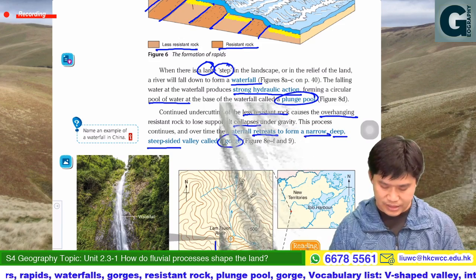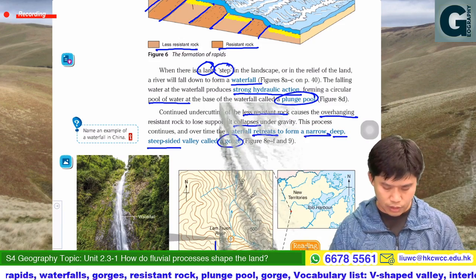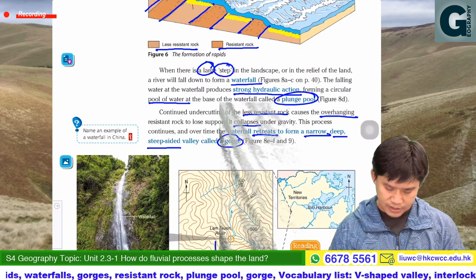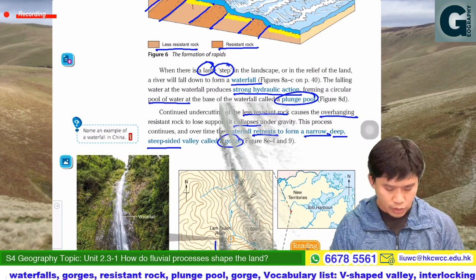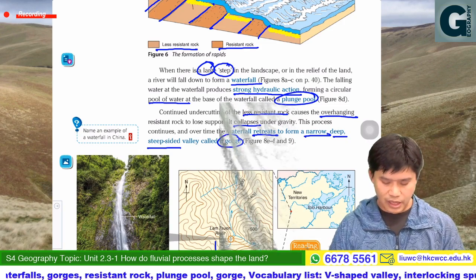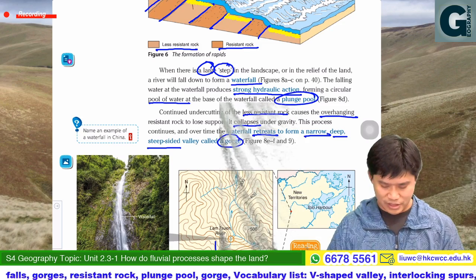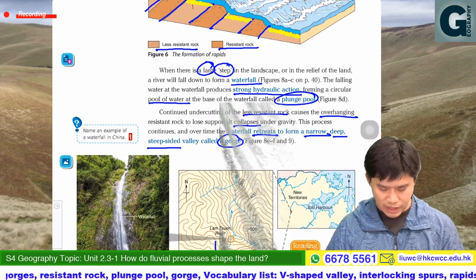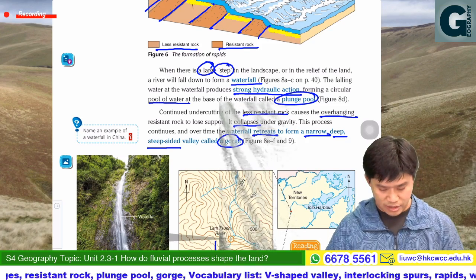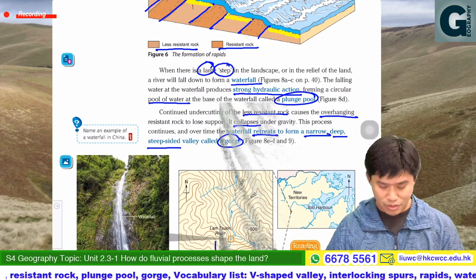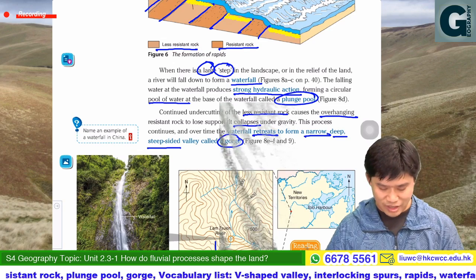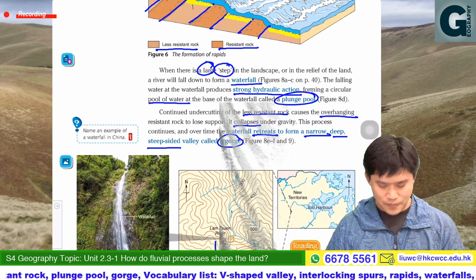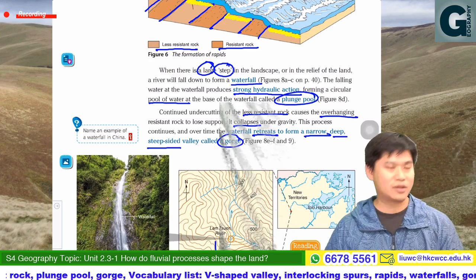Continued undercutting of the less resistant rock caused the overhanging resistant rock to lose support. It collapsed under gravity. This process continued, and over time the waterfall retreated, forming a narrow, steep-sided valley called a gorge.